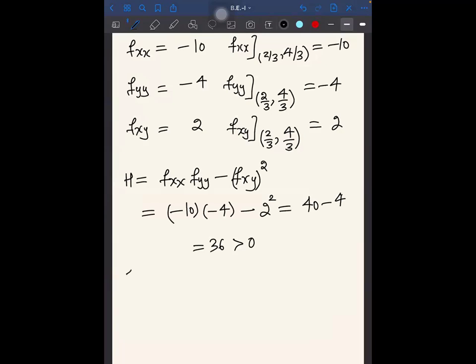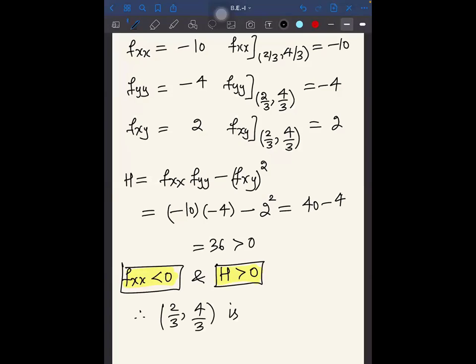So our fxx is negative, and the Hessian is positive. So what does that mean? Maximum. So therefore 2 by 3 and 4 by 3 is the point of maximum. So similarly, you can find the maximum value, right? Okay. So let's move towards the next question.